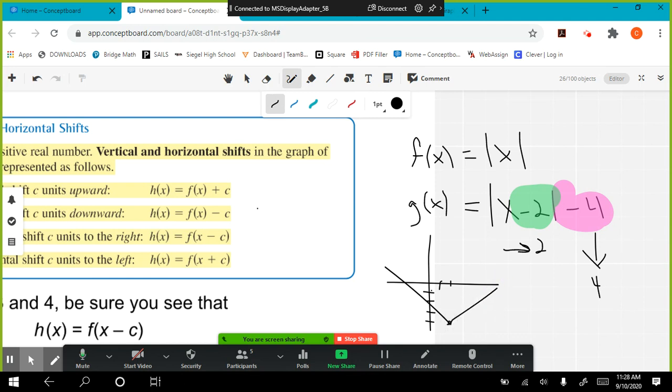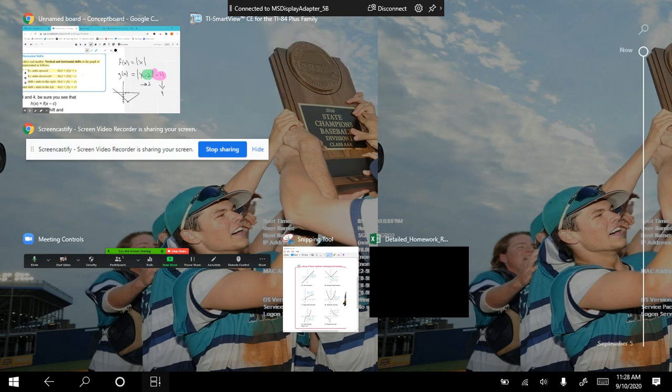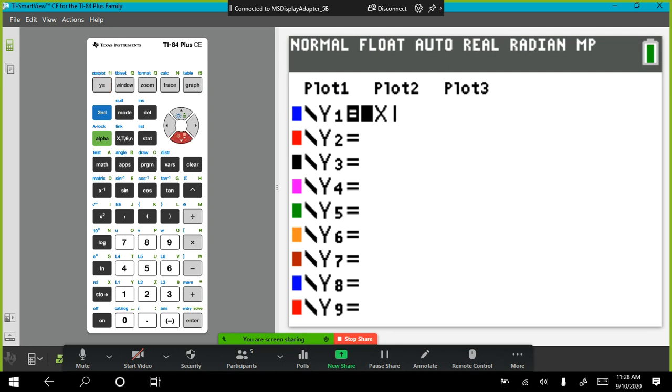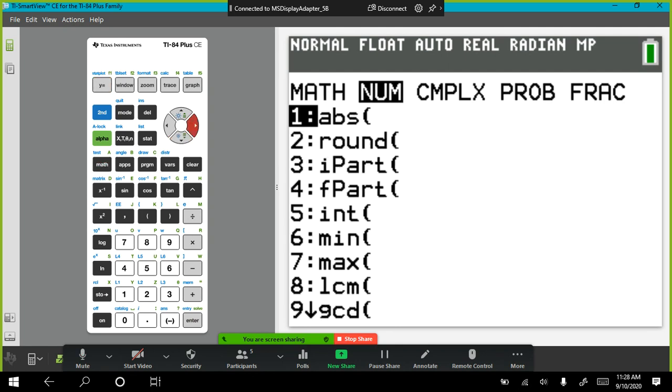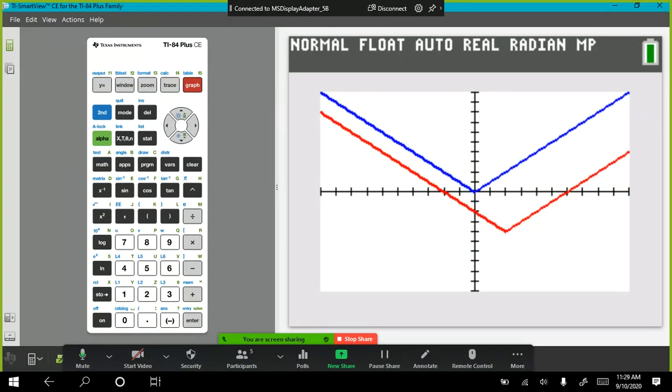I can get a quick graph of that if I wanted to go back to the calculator. And these calculators help us out so much because we can actually look at the graph. So if I have the absolute value of x minus 2, and then go outside and minus 4, we can see that's exactly what happens.